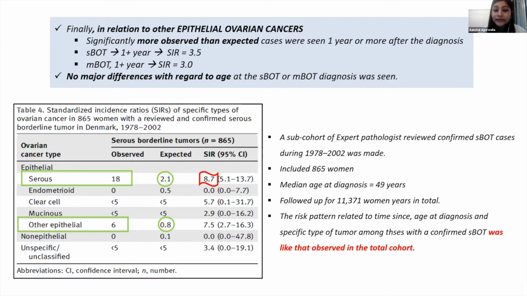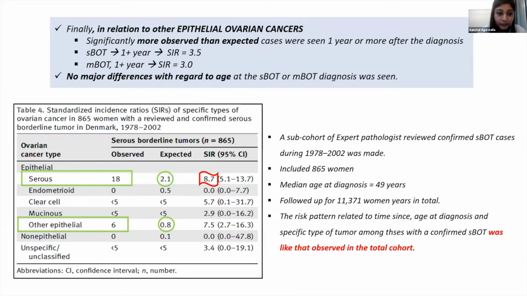It included 865 women with a median age of 49 years, and they were followed up for 11,371 years in total. This subcohort was basically made to compare the findings with the total cohort. And it was observed that the risk pattern related to time since and age at diagnosis and specific type of tumor among those with a confirmed serous borderline tumor was like that observed in the total cohort.